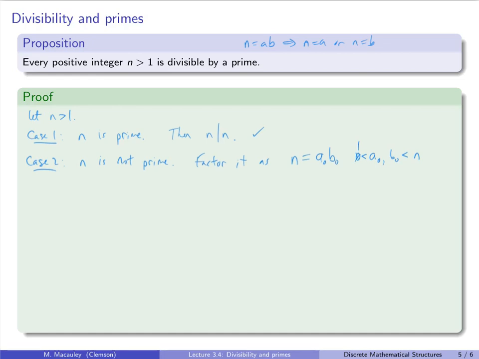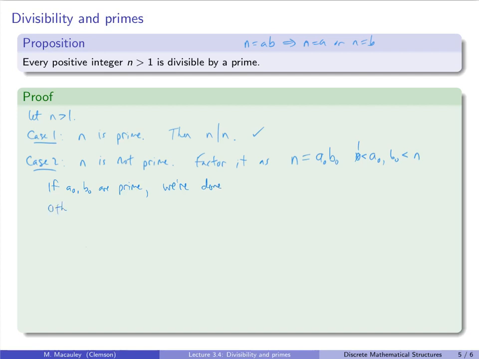Okay, so now we can ask, are either of these prime? If yes, then we're done. If not, well, we can keep going. So if a naught or b naught are prime, I really should say if either one of these is prime, we're done. Clearly, that divides n.